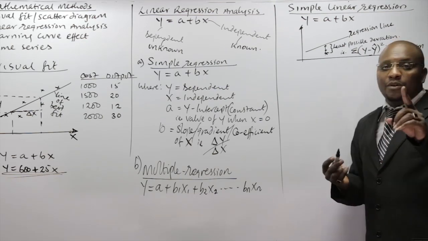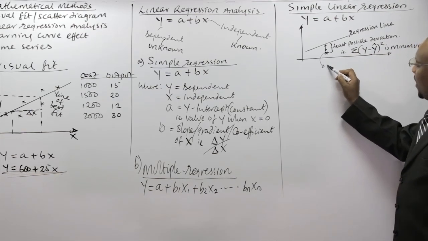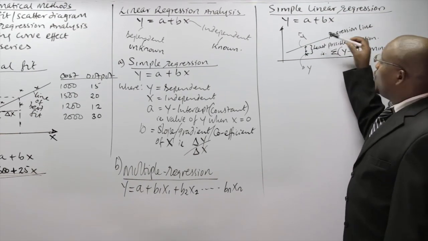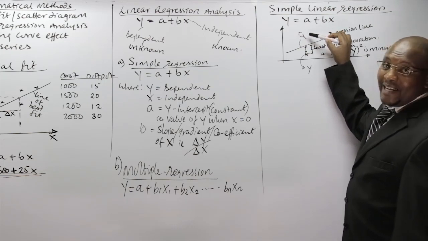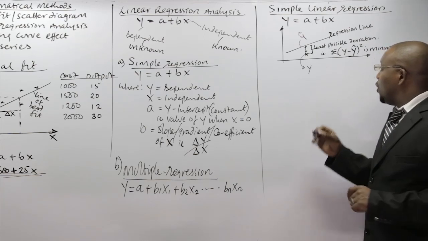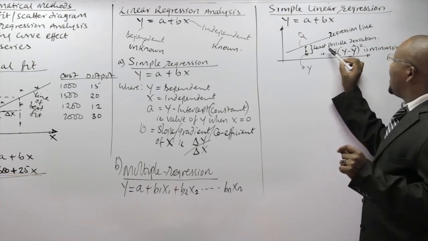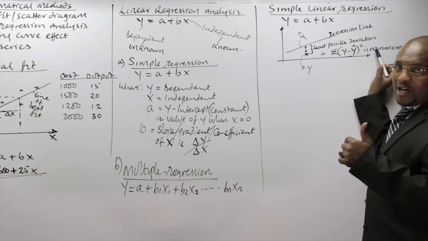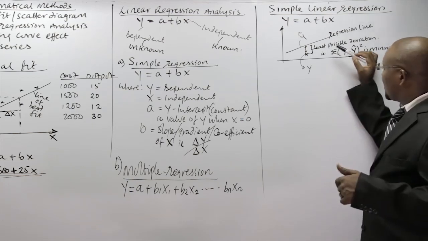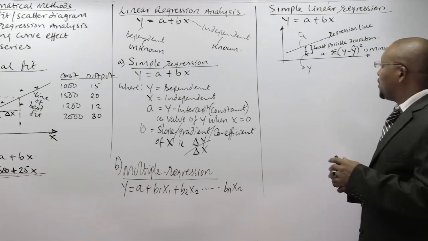We ensure that the difference between this value, this coordinate, which is our y, and this line, which is a regression line, we are referring to as y predicted. That's why the difference between the two points, being the deviation, should be as minimum as possible. And that's why we are calling it the least square method. So least square means that the square of the difference should be the minimum possible.